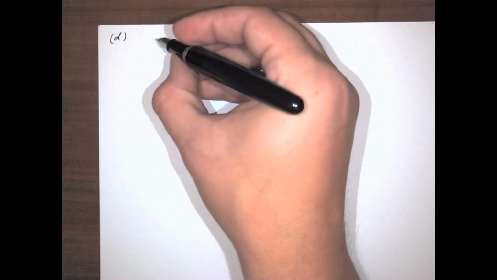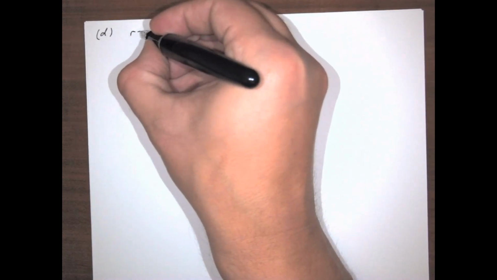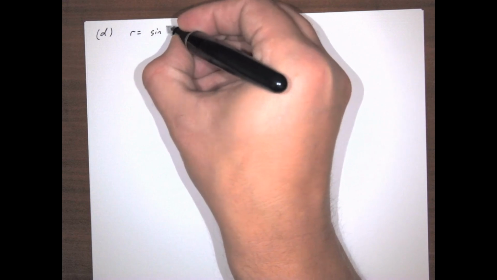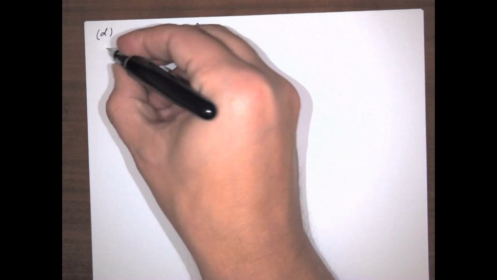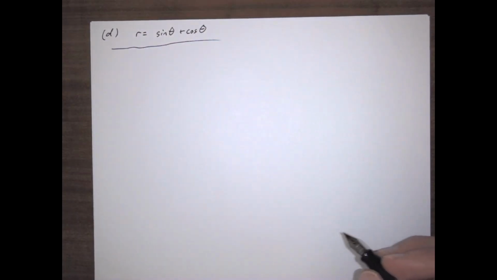Now, other things that we can see would be equations that look like this. So that one was example C, so this is D. Let's say we have just something like r equals sine theta plus cosine theta. Okay, so this one's much easier than the previous one.